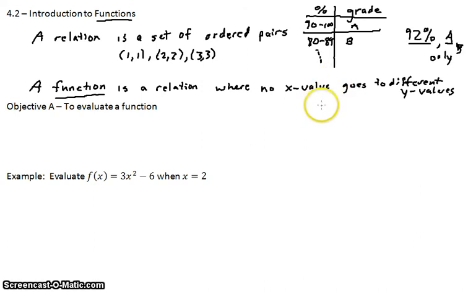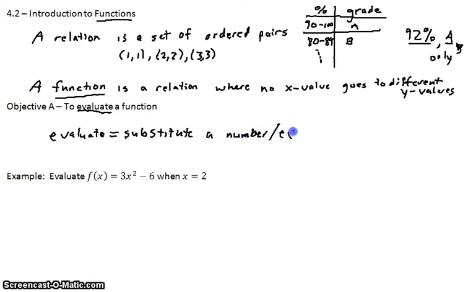And what we're going to talk about in this section is how you evaluate a function. This idea of evaluate, we've done this before. When you evaluate, the idea is you're going to substitute a number for x.